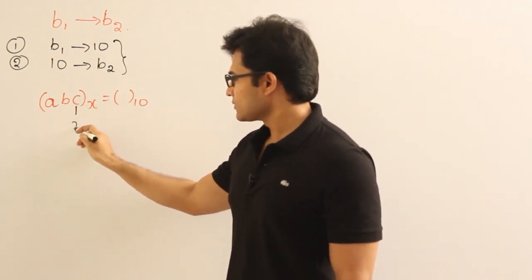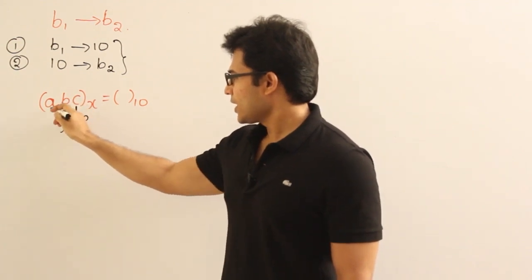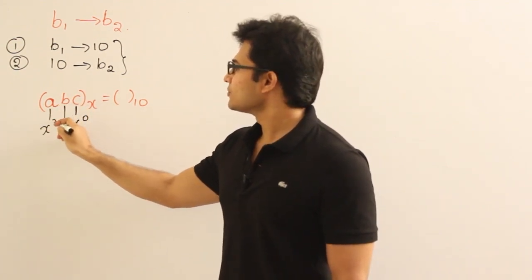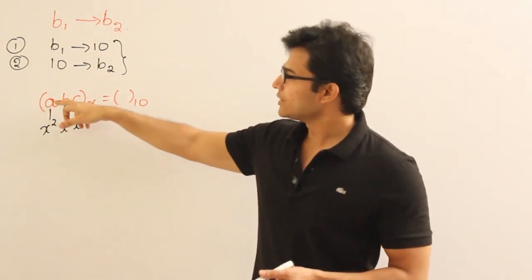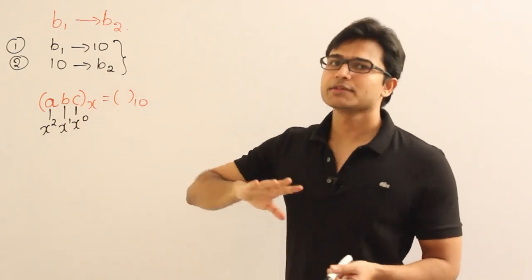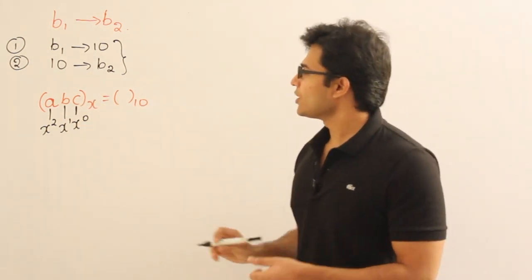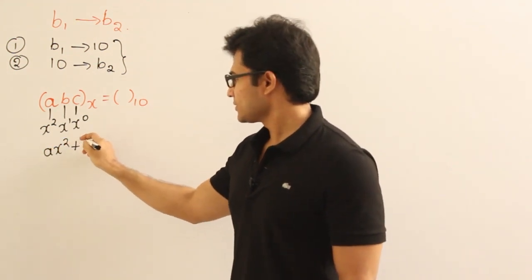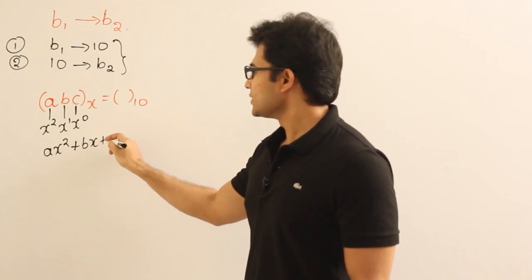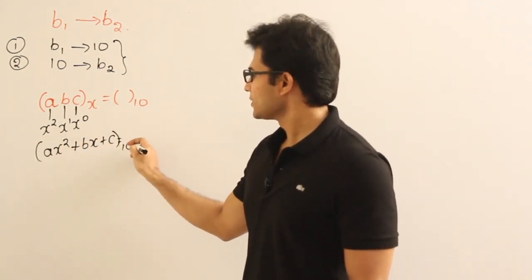Weight of c is x power 0, weight of b is x power 1 and weight of a is x power 2. Then you multiply the corresponding digits with the weights and sum them up, and you get the base 10 number. So a into x square plus b into x plus c should be equal to the number that we require in base 10. Remember this.